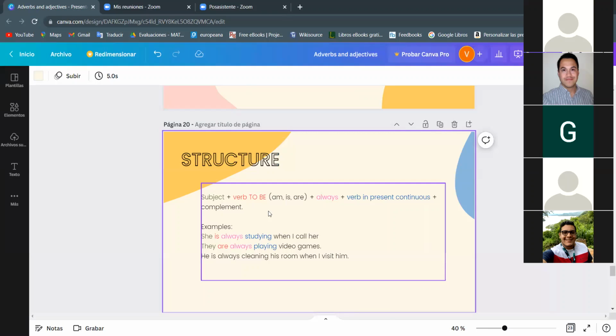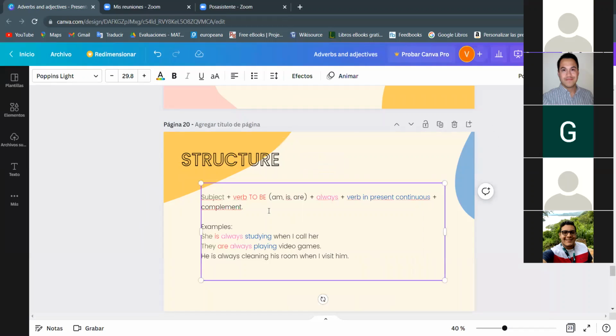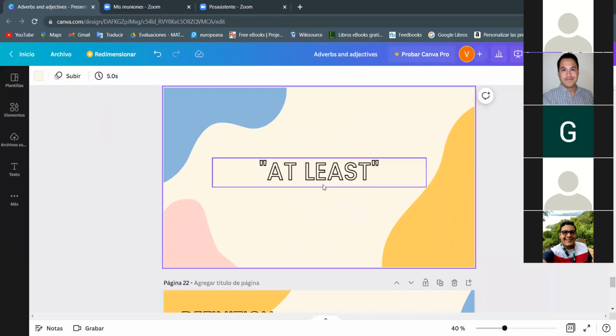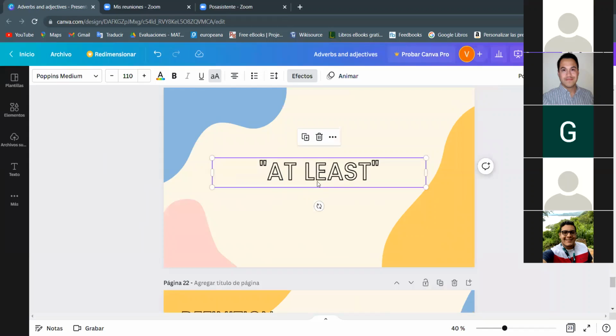Even if you didn't learn this today, this is something you always use. I am always talking in class, for example. I am always eating in the morning, things like that. You will always use this. So let's continue. This is the last topic. This one is very easy, at least.